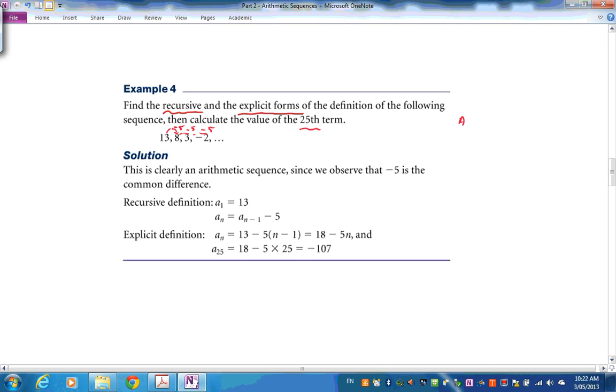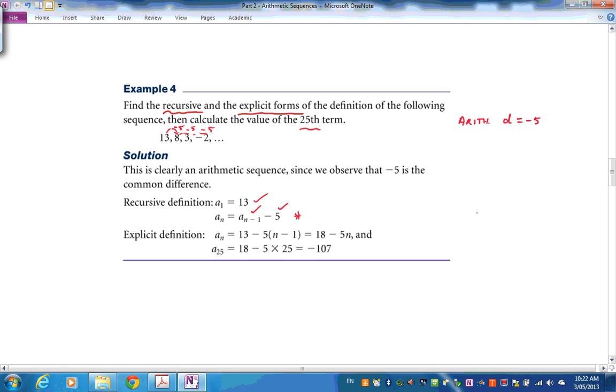So from those few terms, we're going to assume it's arithmetic with a difference of negative 5. So what's our recursion formula? Well, here it is here. Any term is the preceding term minus 5, and it's starting at 13.